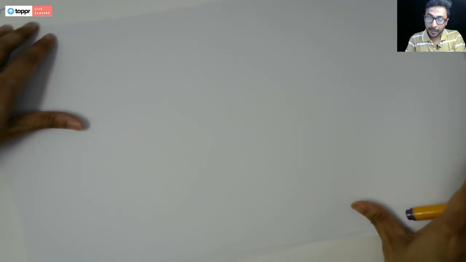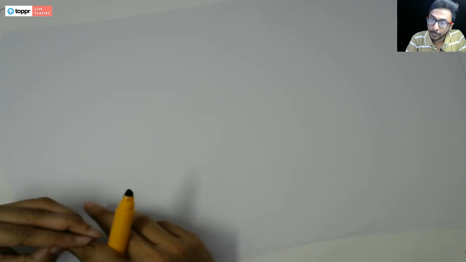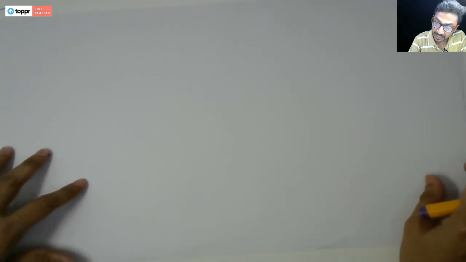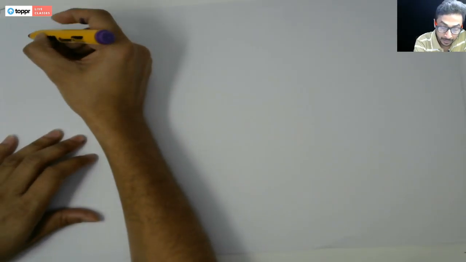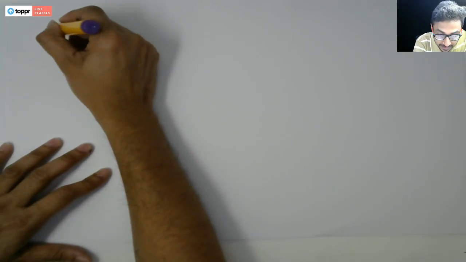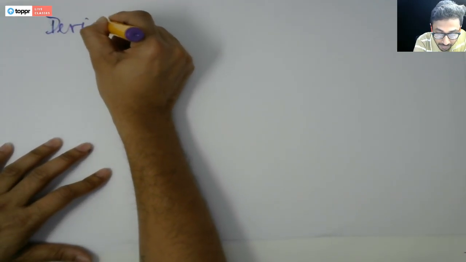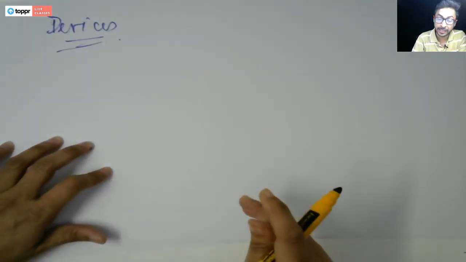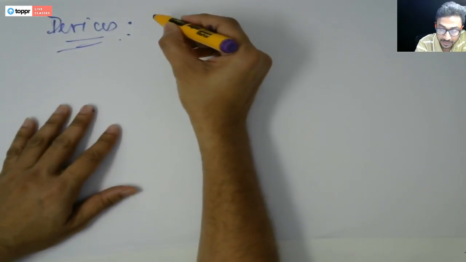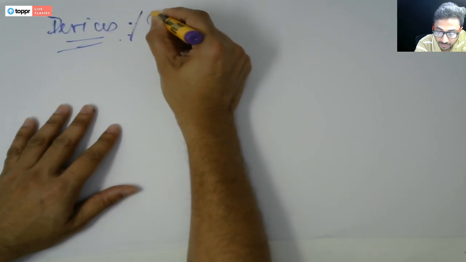Okay. Now, after KVL and KCL, let us come to basic devices or the instruments we use in measuring currents.